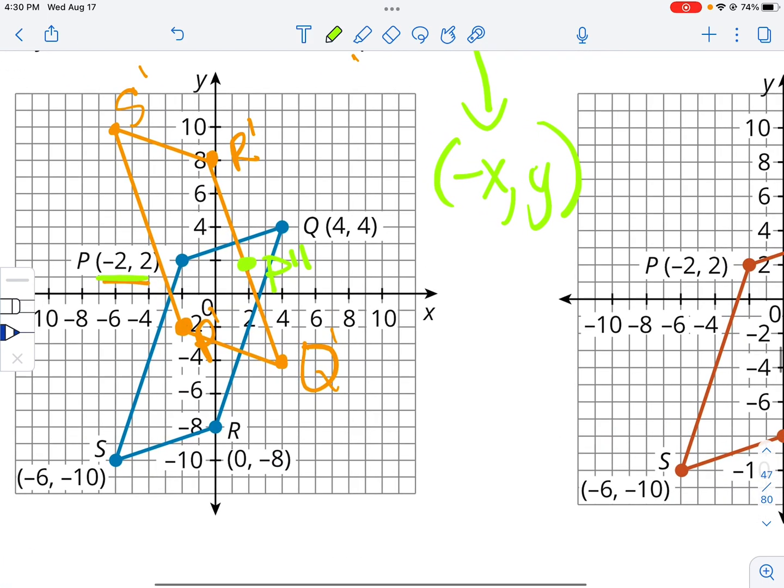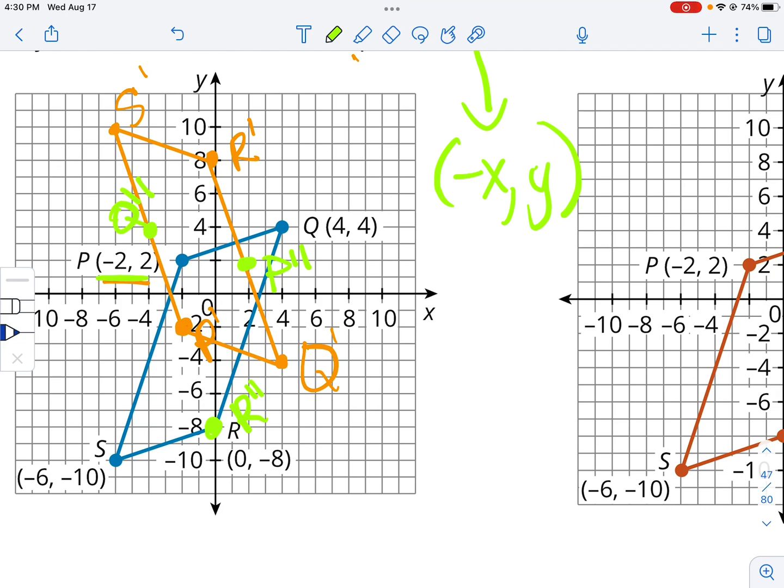Then we have Q. The opposite is going to be negative 4, 4. Q double prime. R is going to be 0, negative 8 because there's no opposite of 0. So this is going to be R double prime.